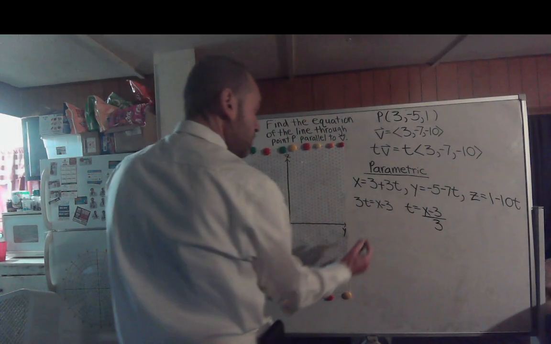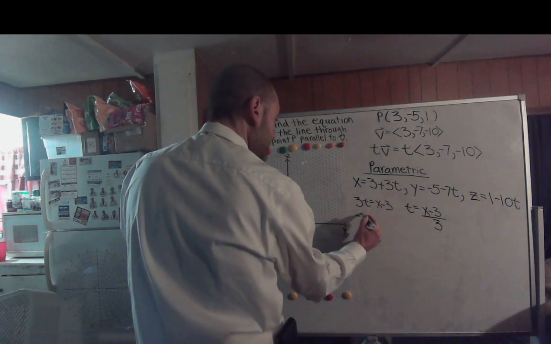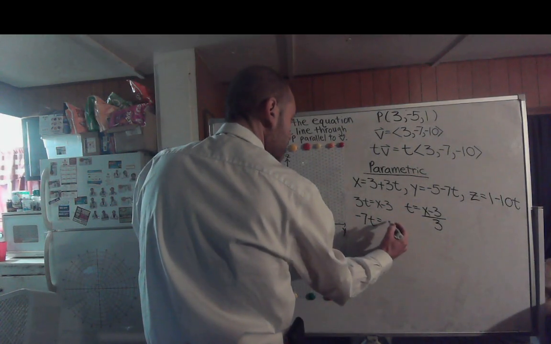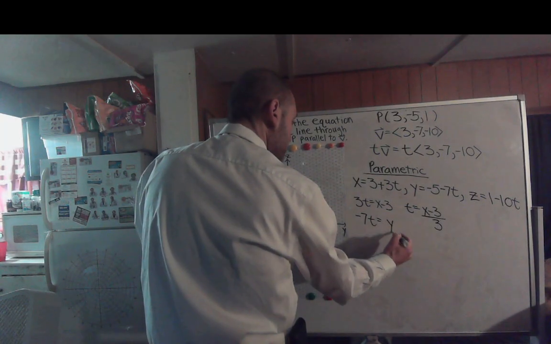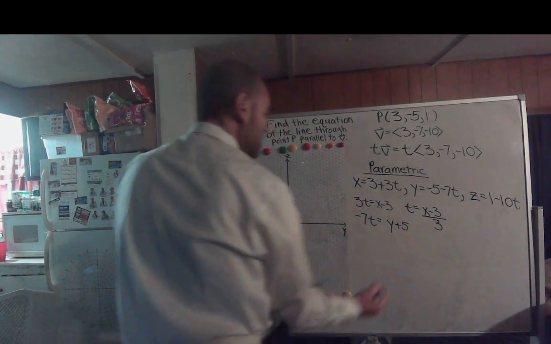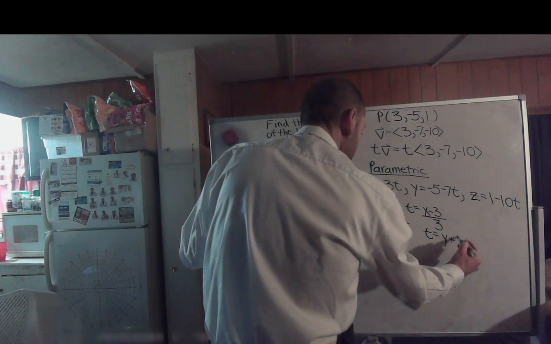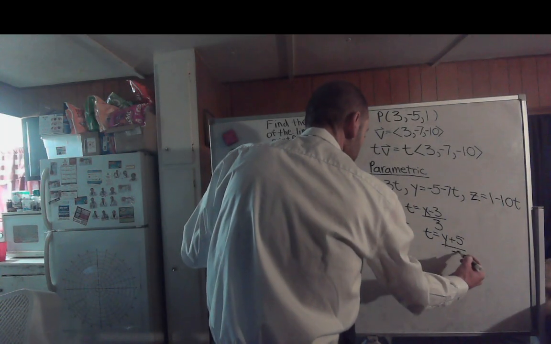If you do it for y, you would get that -7t is equal to y plus 5, which would give you that t equals y plus 5 over -7.